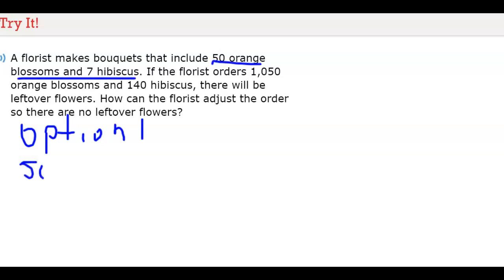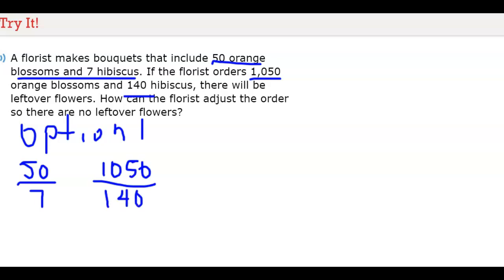So we have 50 over 7. He orders 1,050 orange blossoms and 140. So we have 1,050 over 140. And we want to know if these are equivalent, right?